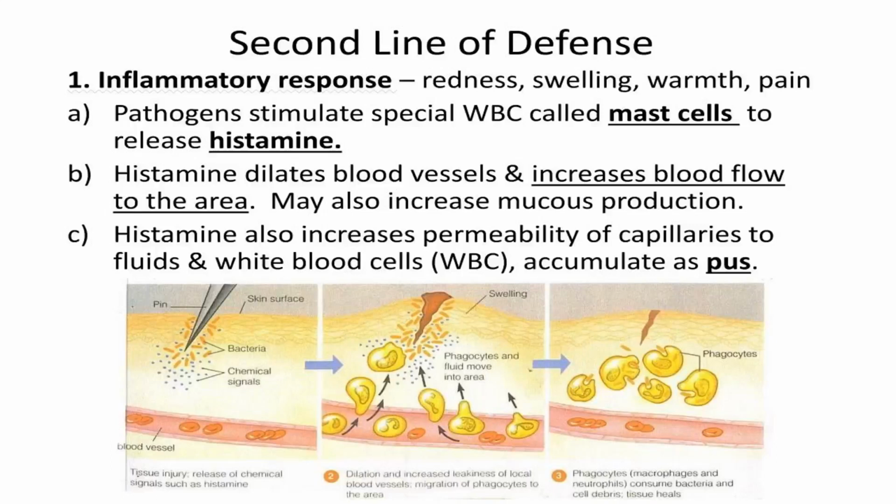Wherever the second line of defense accelerates, the mast cells release histamine, and under the influence of this histamine the blood vessels dilate and increase the blood flow, and more WBCs move around the site of injury. That increases the volume and tenderness. The area becomes a bit harder, reddish, warm and painful because of this.